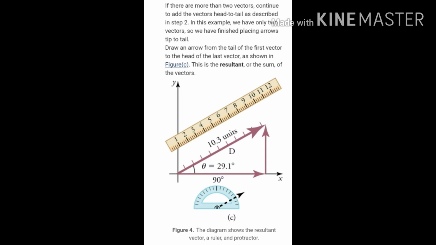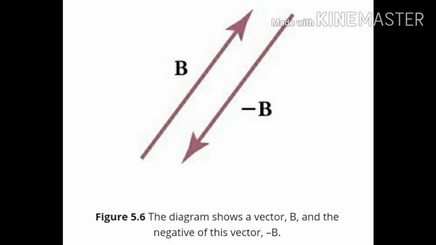Now we have to see how we calculate vector subtraction. Vector subtraction is done in the same way as vector addition with one small change. We add the first vector to the negative of the vector that needs to be subtracted. A negative vector has the same magnitude as the original vector, but points in the opposite direction.